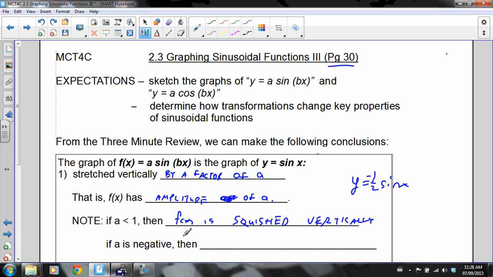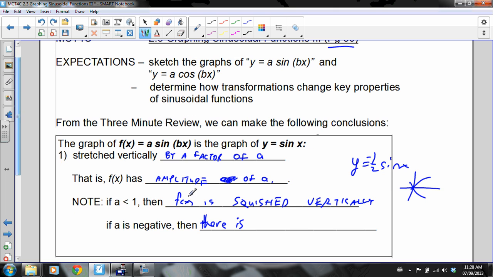If A is negative, what happened then? Well, we had a reflection. Instead of going up first, like that, where the sine graph, we went down first. This is if the A value here is negative. And the fancy math word for flip is a reflection.